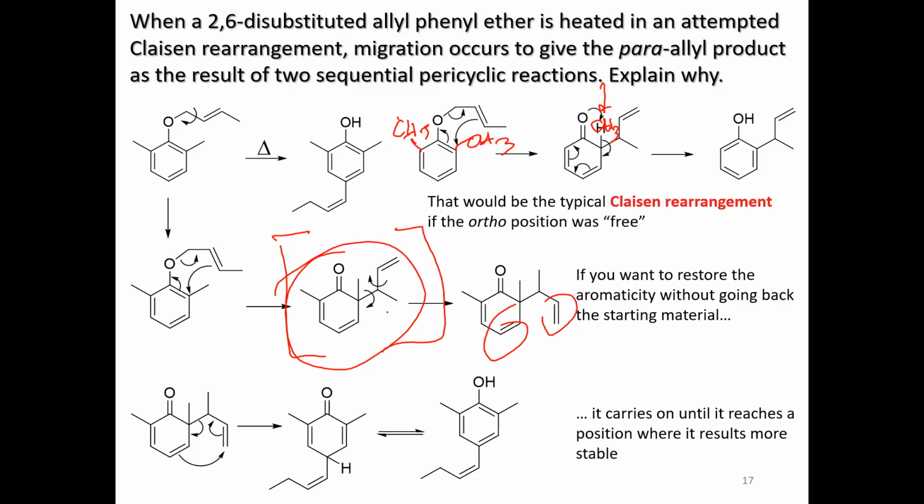Okay? So this one forms this one. It cannot go back to aromatic on this side unless it moves back to oxygen. So to restore aromaticity here, you can imagine only this carbonyl breaks the double bond here, and this one has to migrate to restore the starting material. But again, there is free rotation.